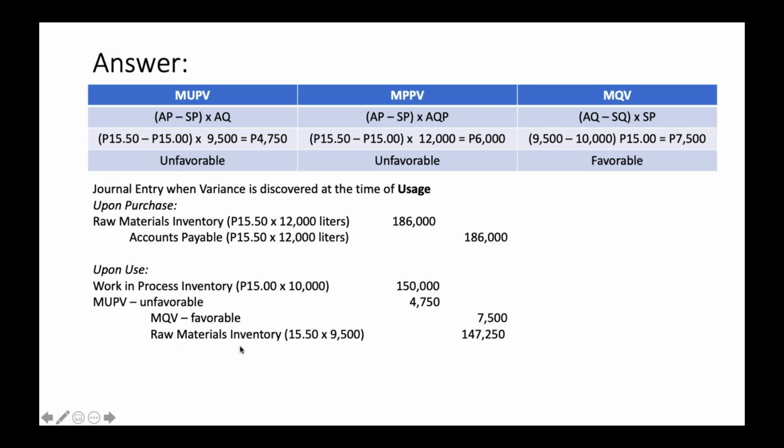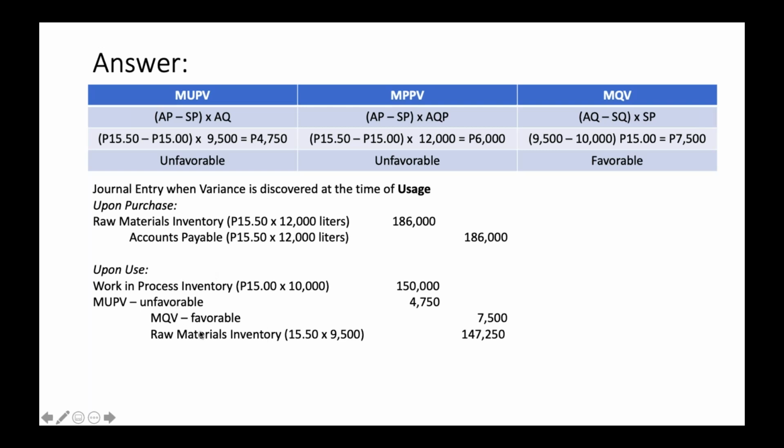And then we credit our raw materials based on actual price multiplied by the actual quantity used. That's 147,250. Actual price, actual quantity. Upon purchase, because since we record the raw materials at actual price and actual quantity, we also use this one when we credit this raw materials inventory account.